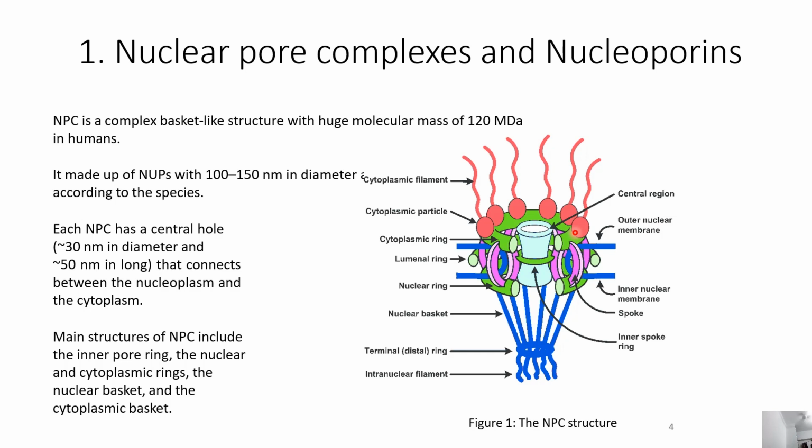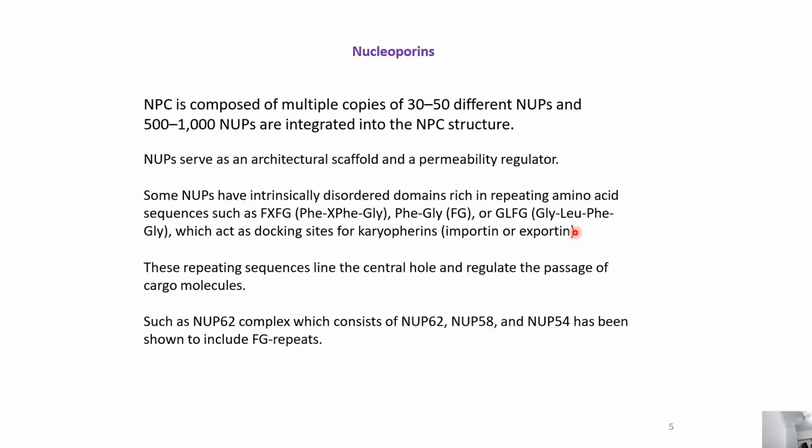Main features of the NPC include the inner pore ring, nuclear and cytoplasmic rings, the nuclear basket, and the cytoplasmic filaments. NPC is composed of multiple copies of 30 to 50 different NUPs integrated into the NPC structure.